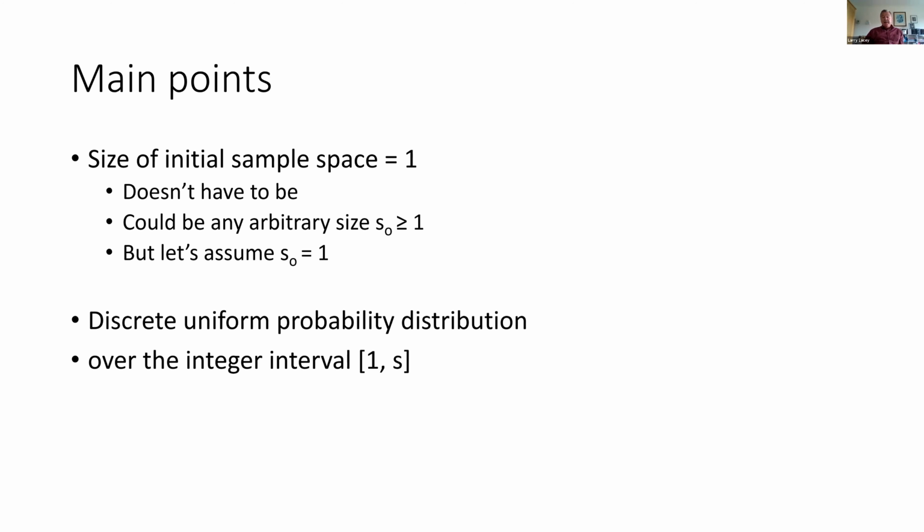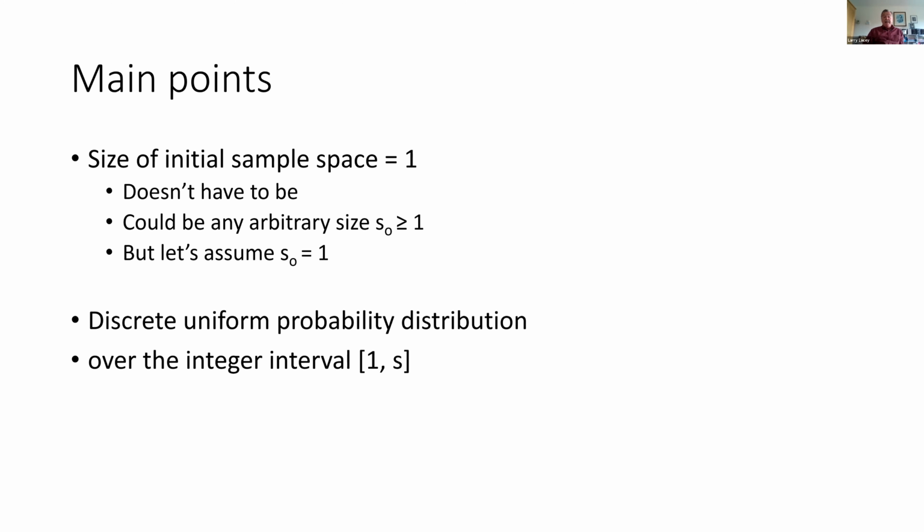The theory is more generalized, so you can have a sampling space of S0, where S0 can be greater than 1. And there are various statistical methodologies to convert that to get a cumulative probability of 1. But let's assume for the case of this presentation that the sample space S0 is equal to 1.